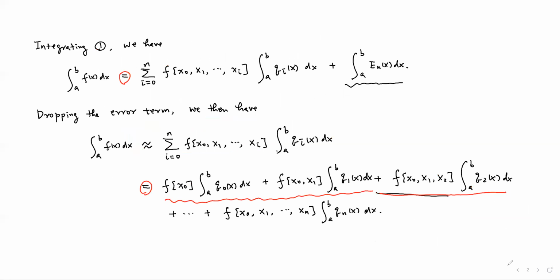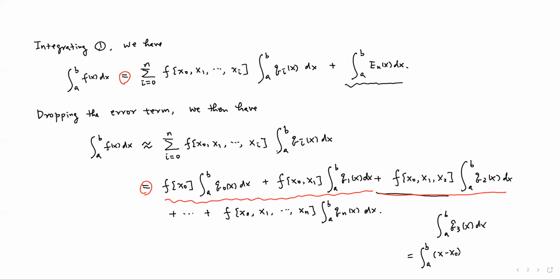Why? Because we noticed that in this approximation, the next integral, the integral from a to b of Q3(x) dx, the fourth term, after the first, second, and third terms, is the last term. What is Q3?